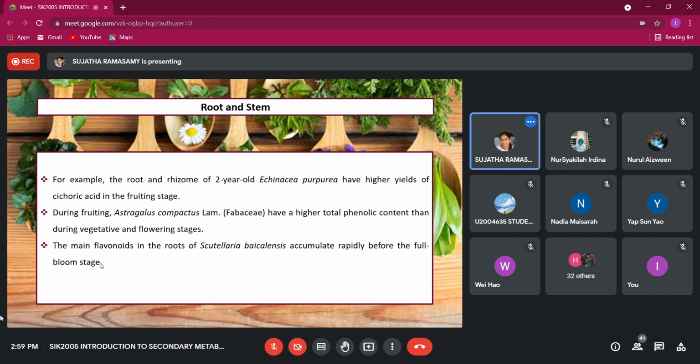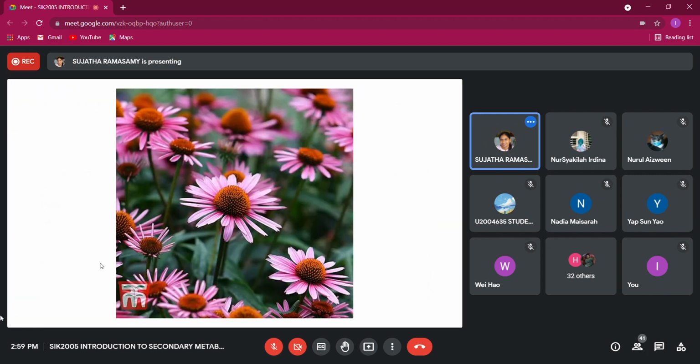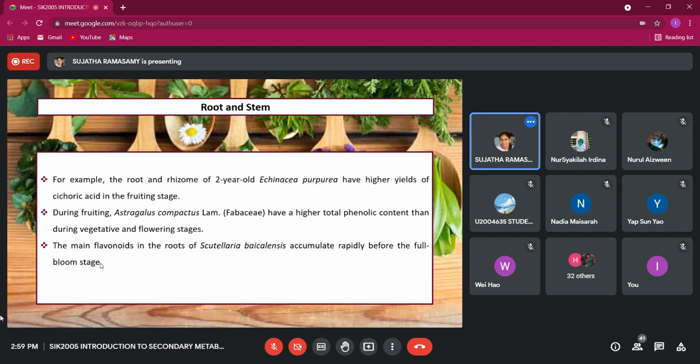Example, we are looking at the plant called Echinacea purpurea. Echinacea purpurea ni dia group daisy. Okay, beraneka jenis daisy. The family is known as Asteraceae. Okay, they have done a study. You tak perlu hafal benda-benda ni. Saya just tunjuk contoh. They took the rhizome of the 2-year-old Echinacea purpurea.